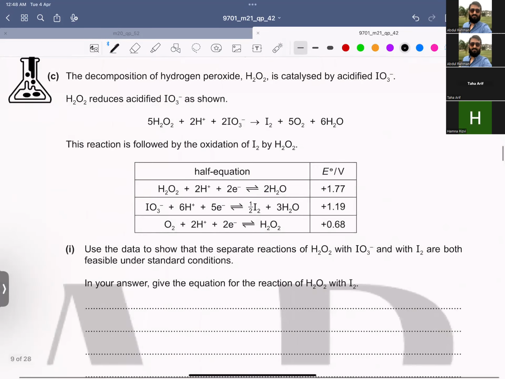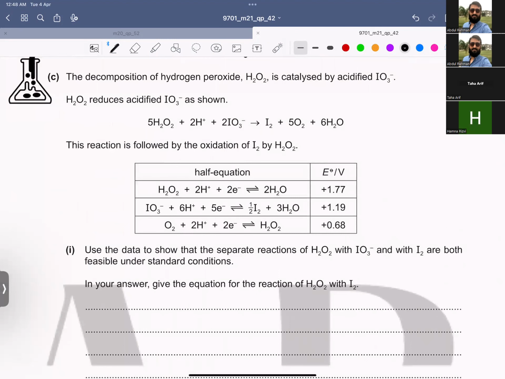Now, part C. The decomposition of hydrogen peroxide H2O2 is catalyzed by addition of iodate. H2O2 reduces acidified iodate as shown. Here I have the equation. The reaction is followed by the oxidation of iodine by H2O2. Here you have 3 half equations with their E naught values.